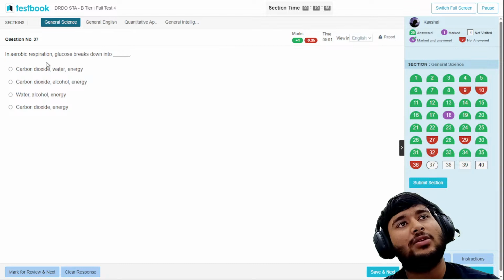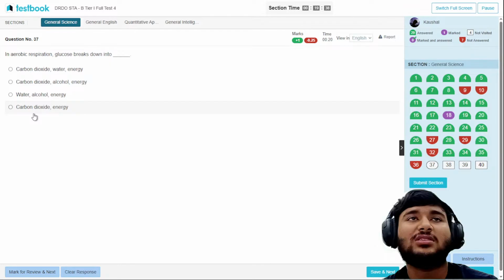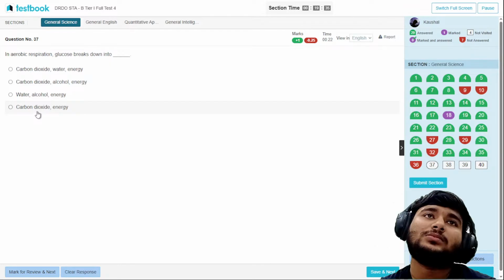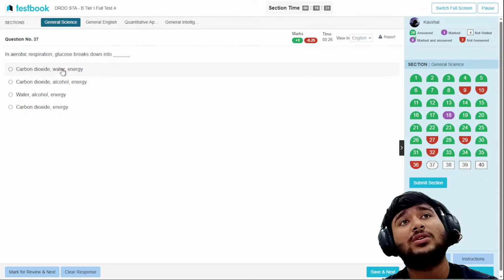In an anaerobic respiration, glucose breaks down into carbon dioxide, lactic acid नहीं होता. Alcohol, water, alcohol तो नहीं बनता होगा. कार्बन डाइऑक्साइड एनर्जी वाटर. एरोबिक है. कार्बन डाइऑक्साइड वाटर एंड एनर्जी.